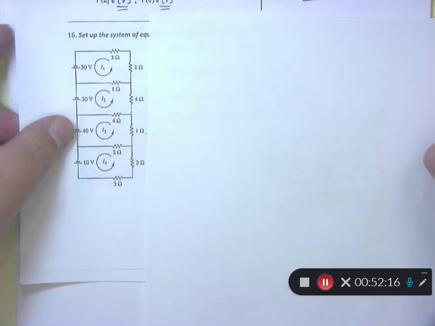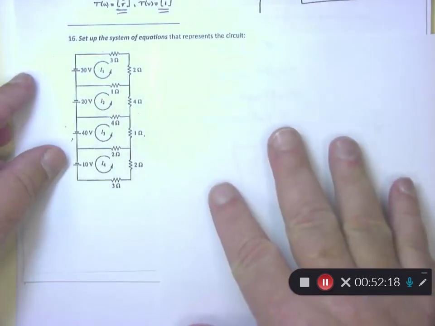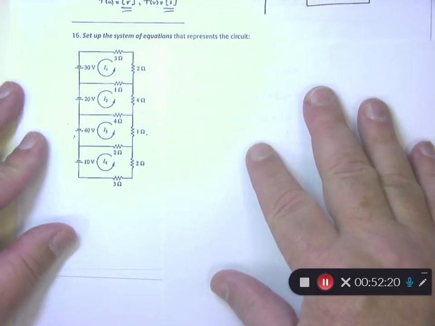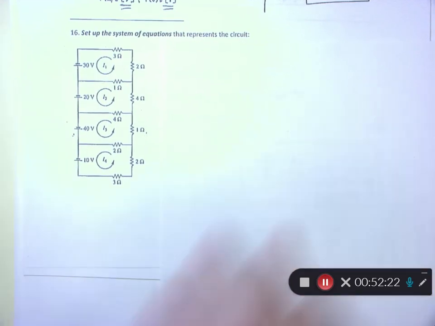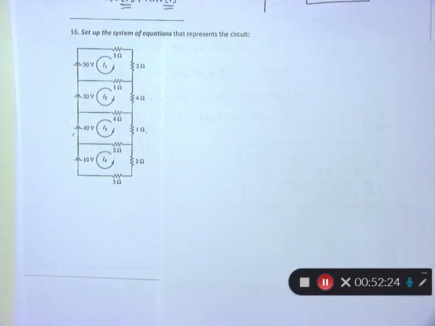Let me see, I can do this. Good. Okay. And all I asked you guys to do on this one was set up the equation. I didn't ask you to solve for it because it's a pain in the butt to get it. But I just wanted you to set up the system here.